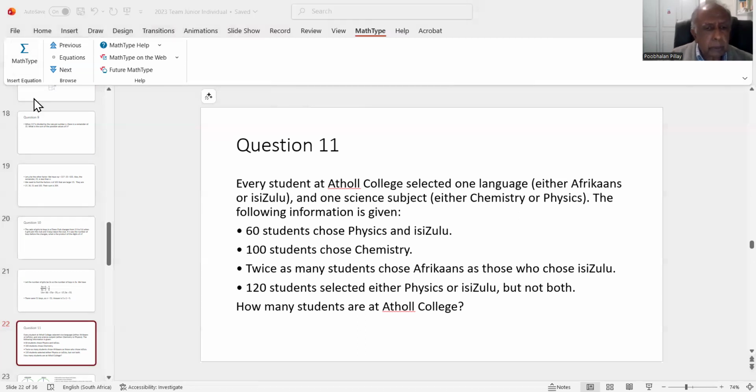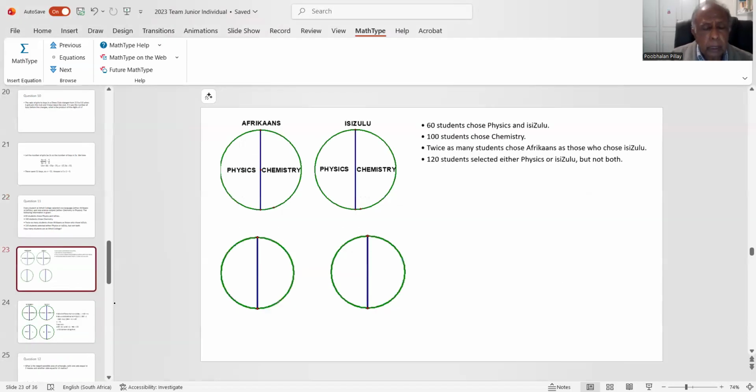And normally we draw a Venn diagram, but I have to admit that when I use a Venn diagram, it didn't help at all. See, we have to say that Afrikaans and isiZulu are separated because nobody does both of them. And likewise, physics and chemistry are separated.